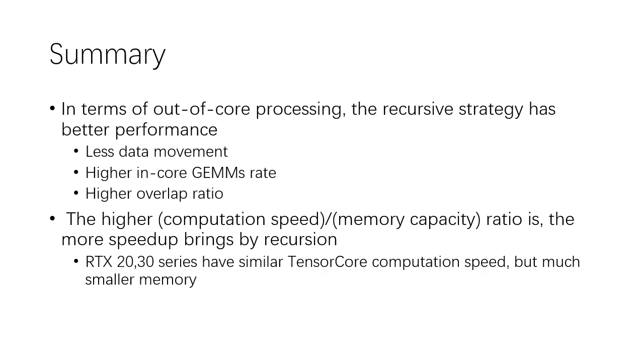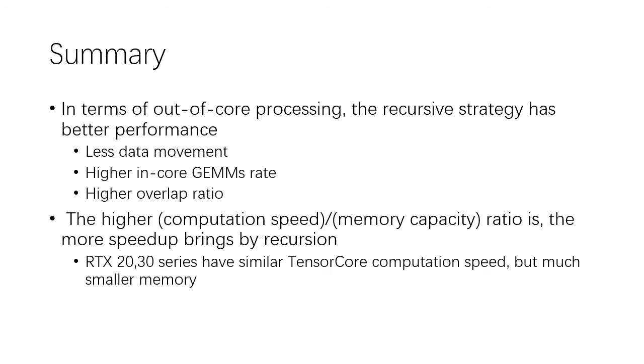The same, when we are increasing the computation capacity while keeping the memory at the same level, such as changing V100 to A100 GPU, we can also get a big speedup. Because for the blocking algorithm, the block size needs to be larger than 60,000, but it's impossible to implement because the memory is very limited. But for the recursive algorithm, it's not a big problem because the number of rows is not fixed.